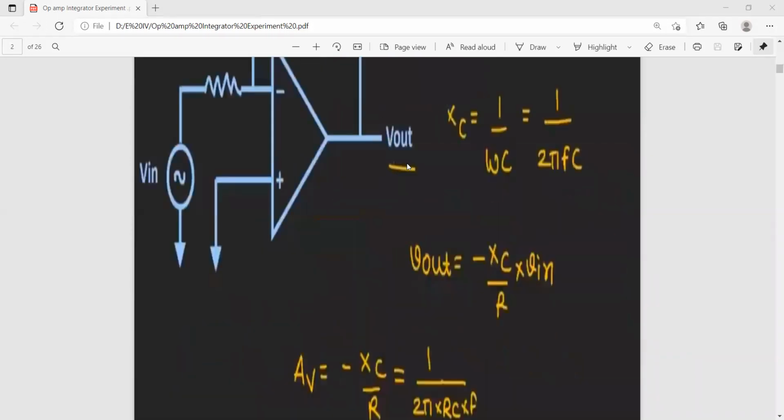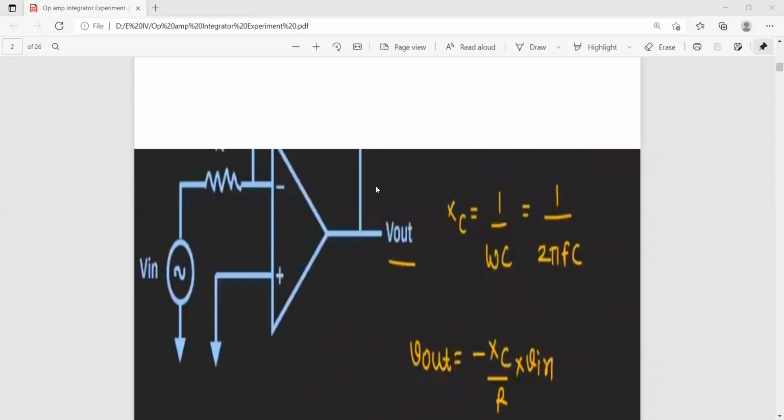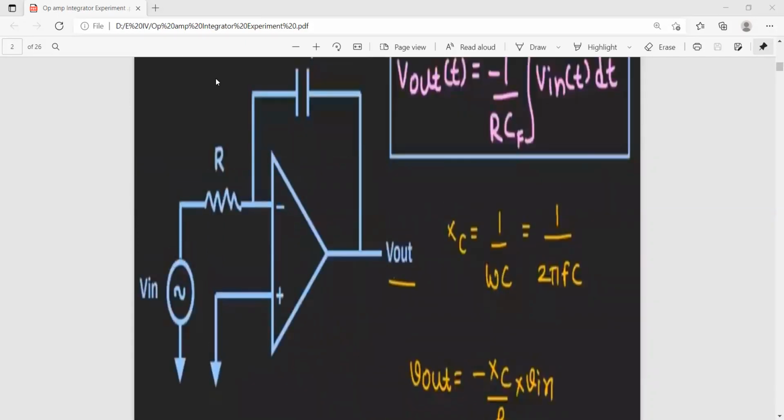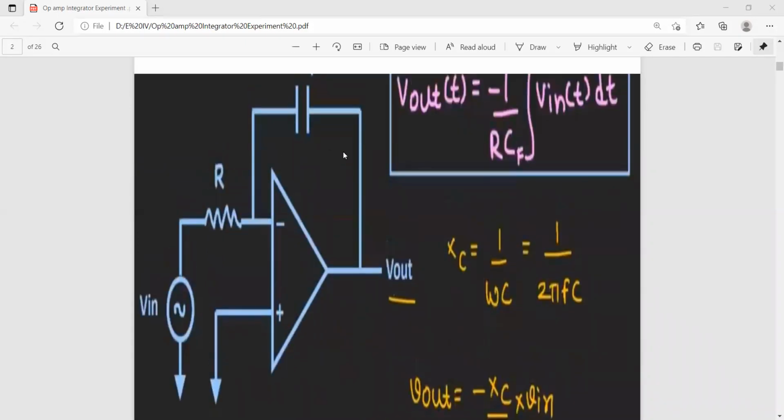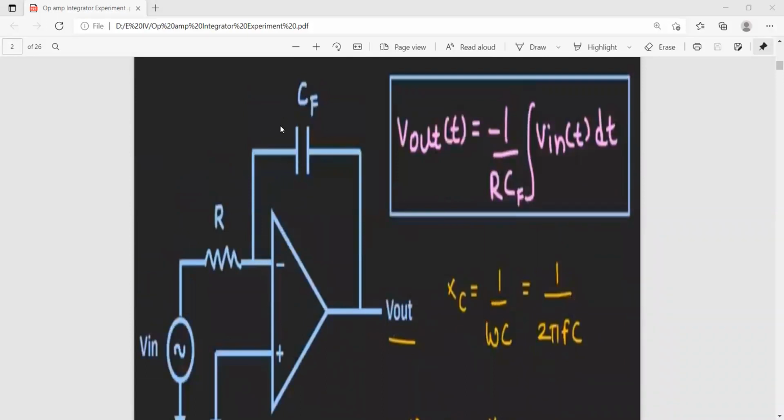Normally, in place of the feedback resistor, if you are connecting a feedback capacitor, then it is converted into an integrator. If you connect a feedback resistor, that is simply an inverting op amp.